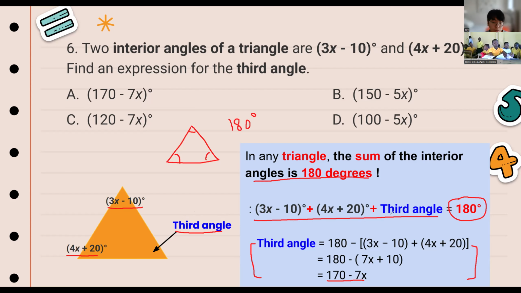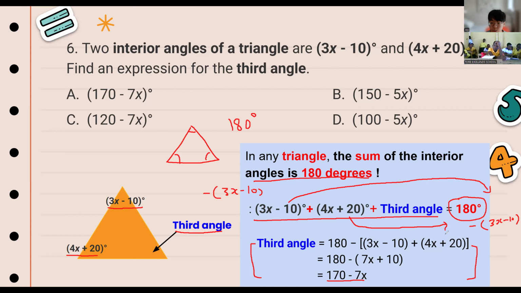Now you can solve for the third angle. You can subtract this angle on both sides, so you're doing minus (3x minus 10) on both sides. And then we're doing the same for this 4x plus 20.